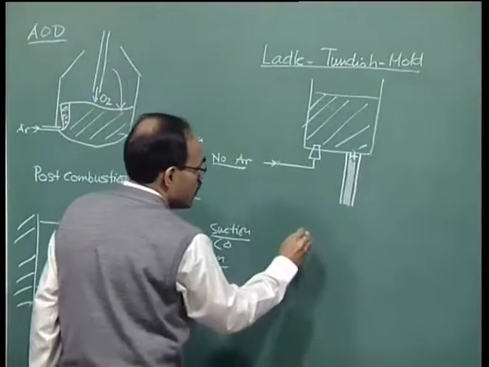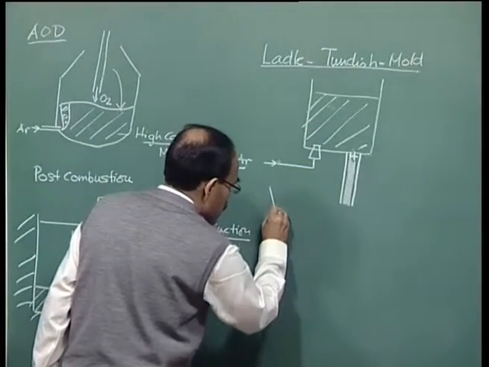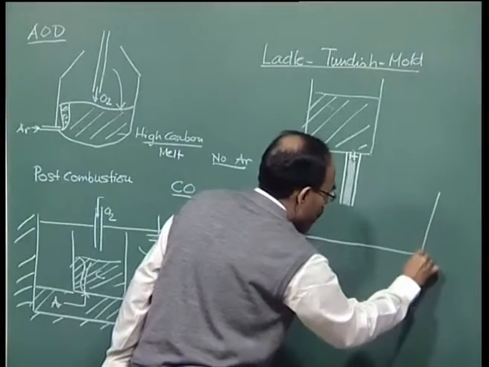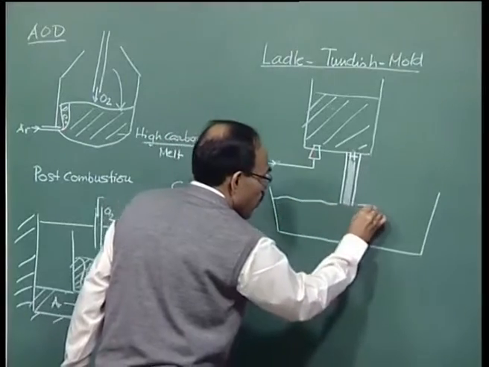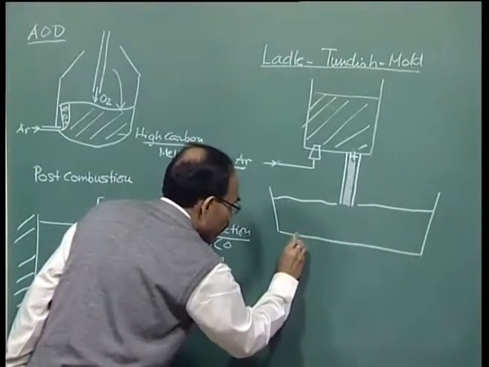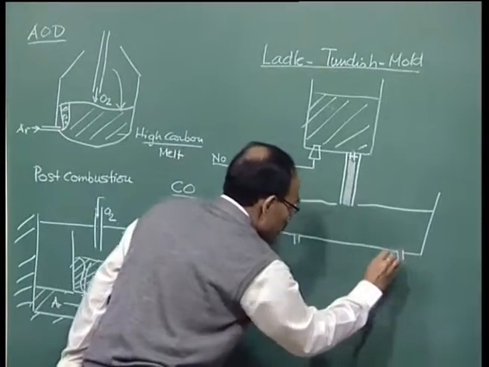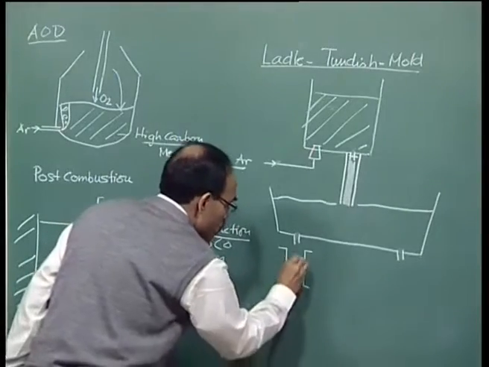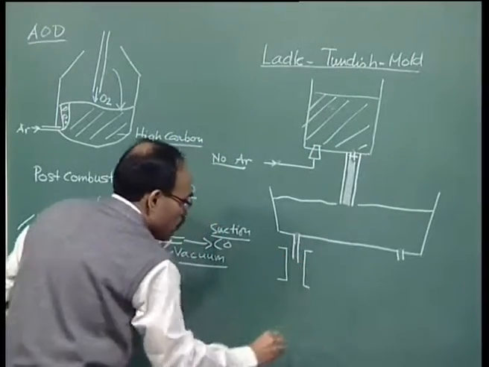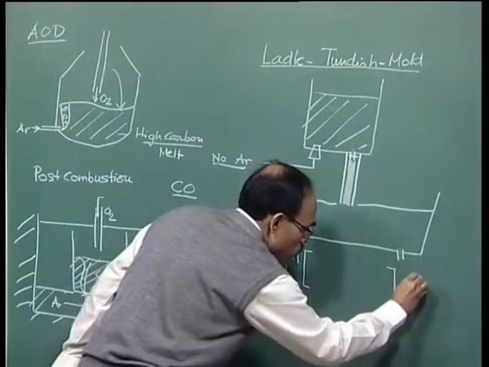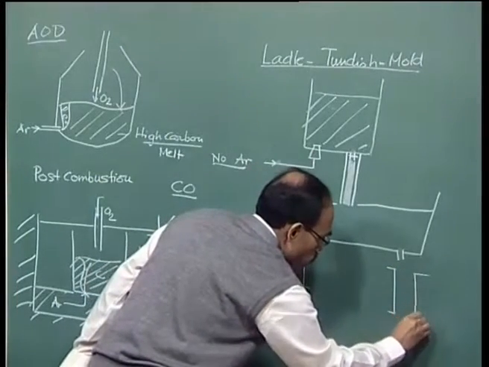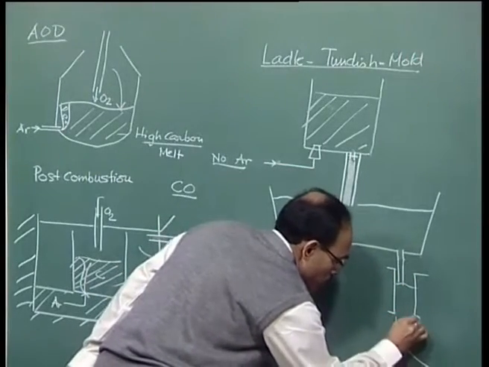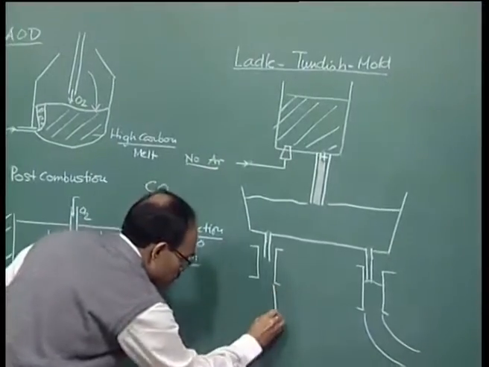From the ladle the material now flows into the tundish, which you can assume is like a distributor of molten metal, and we have strands here, and this is the continuous casting mold. So, the molten metal enters here, and then the continuous casting product is drawn like this.